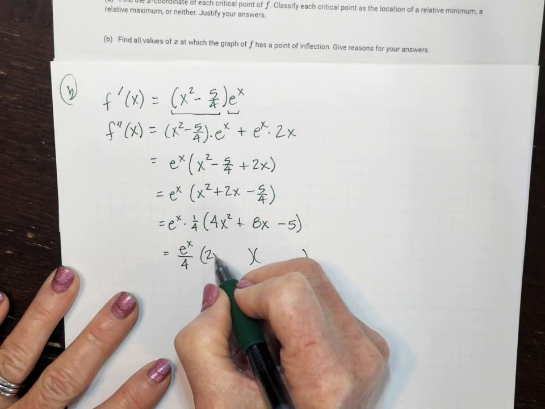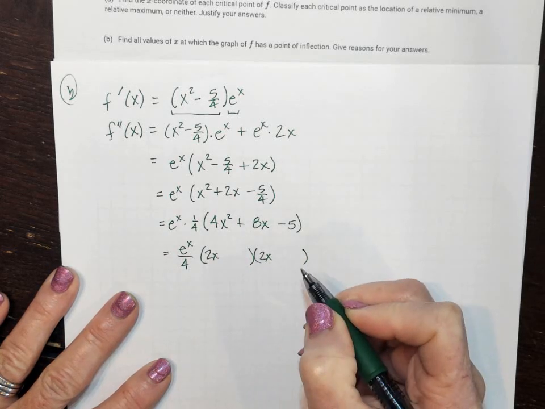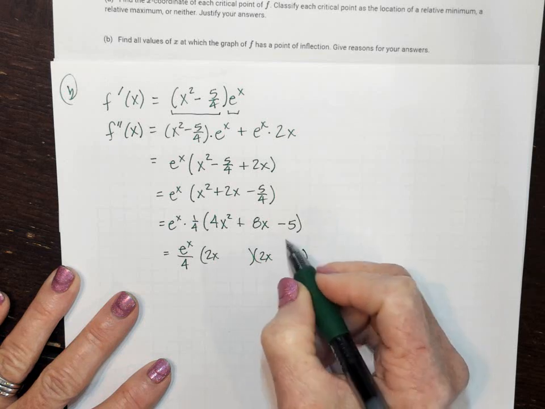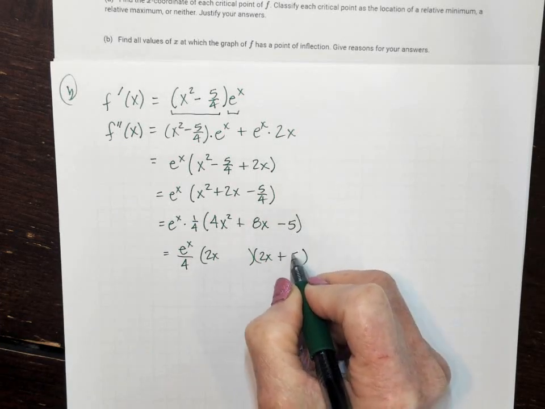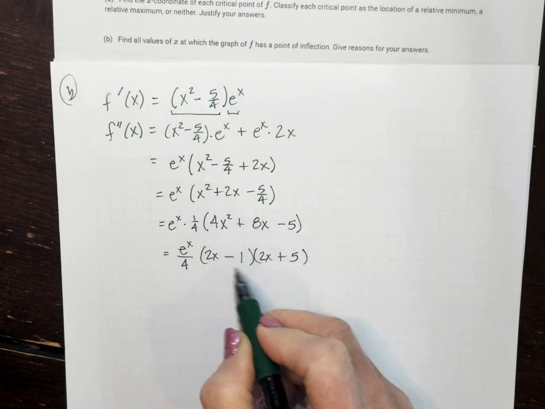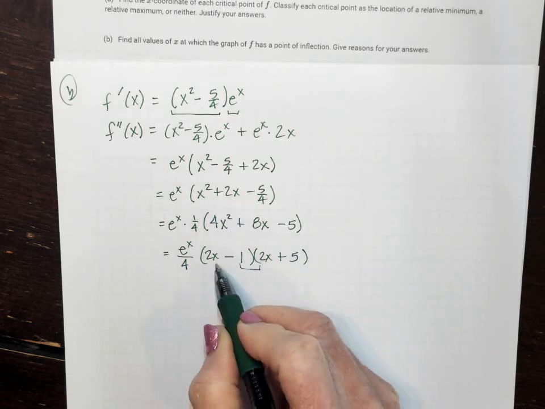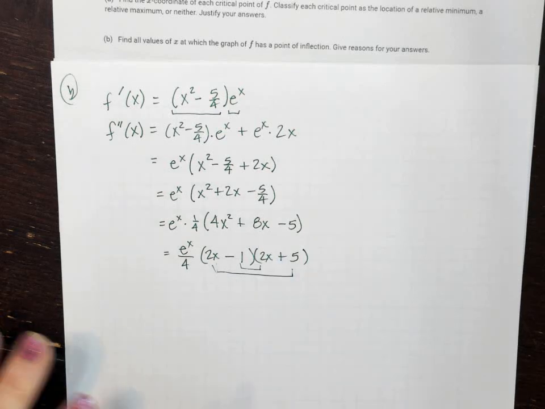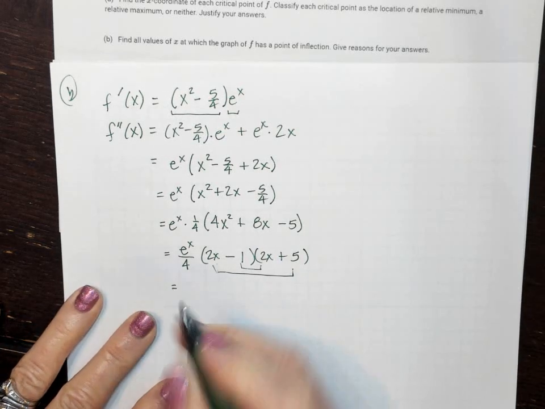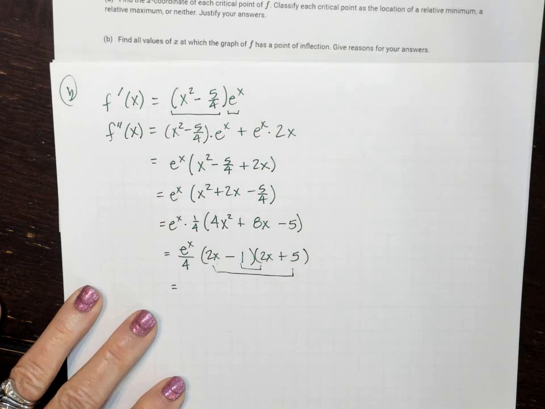2x, and multiply by 5, it's got to be a 5 and a 1. Plus 5, minus 1. That'll give us a minus 2x here and a plus 10x there, which is that 8x. And now we're all factored, so we're good to go.